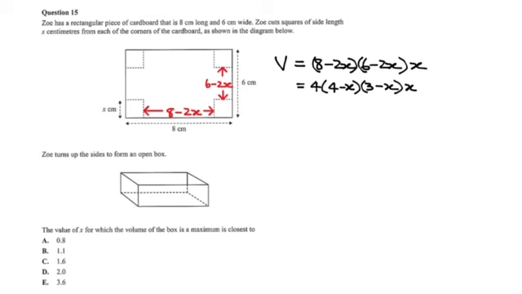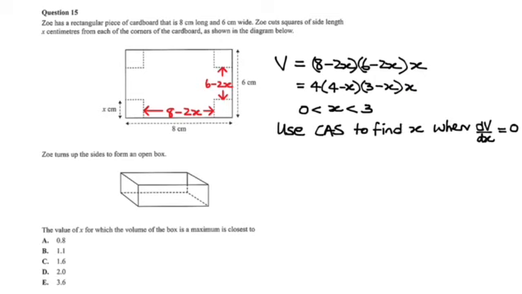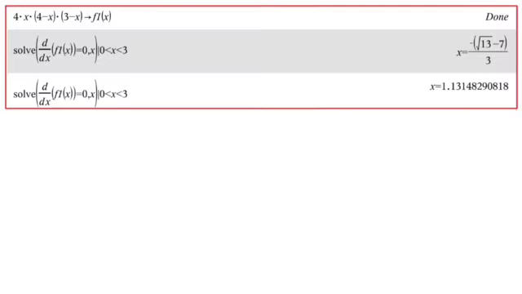I've just taken 2 out of each of the brackets, and we know that x is going to be between 0 and 3. That becomes obvious when you look at it, because if x was more than 3, well, this side becomes negative, which is just nonsense. And obviously x has to be greater than 0, otherwise we haven't got a box at all. Okay, guys? Right. So we can use CAS to find the value of x when dV/dx equals 0.